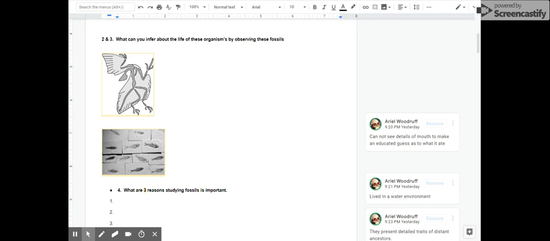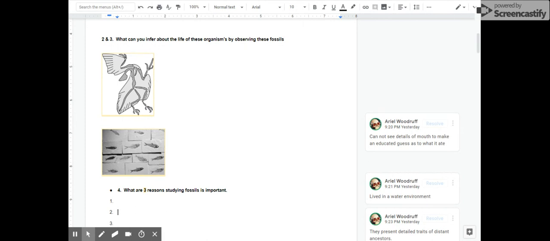The next picture, we have some fish. A couple of students the other day were calling them sticklebacks. I don't believe that they are the stickleback fossils, but they possibly could be. But one of the main observations that you can make is that they're fish, and if it's fish, we know they lived in a water environment, which is what we're going to focus on for this one.